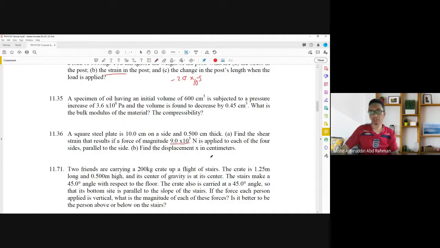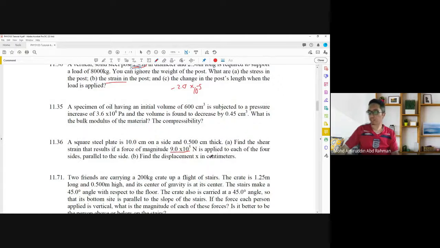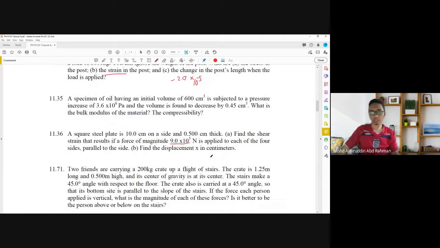And then S for the steel, the shear modulus for the steel, is 7.5 times 10 to the power 10, so you need to divide by this. So you obtain the shear strain as 2.4 times 10 to the minus 2.